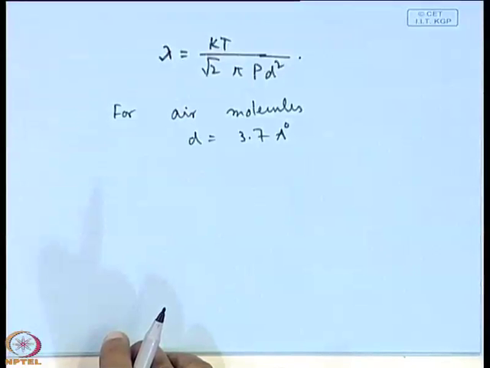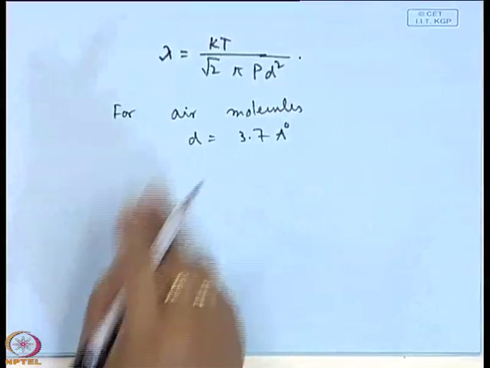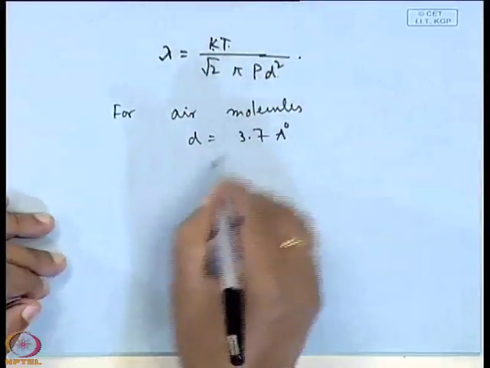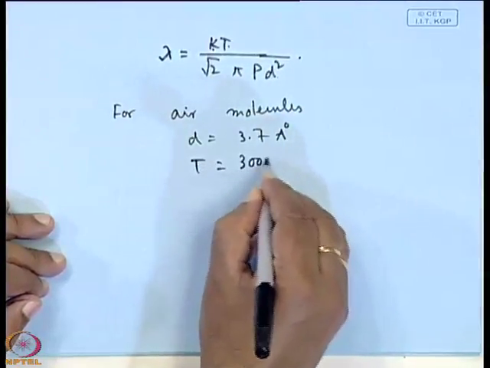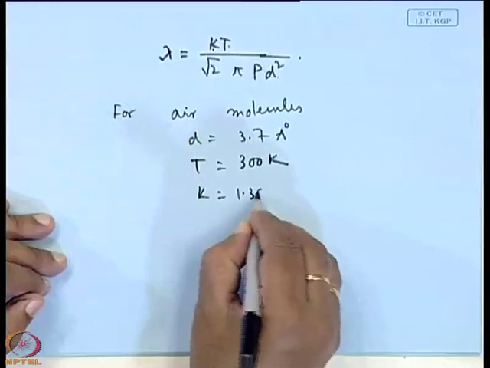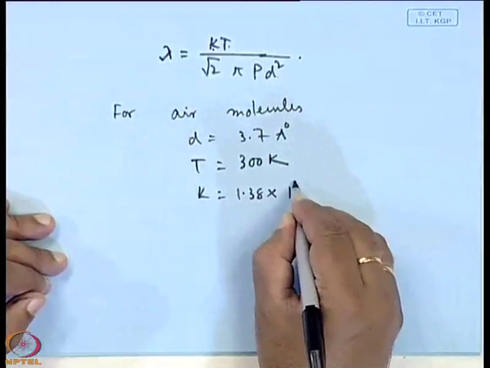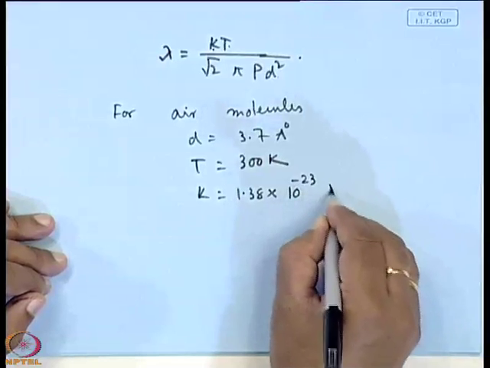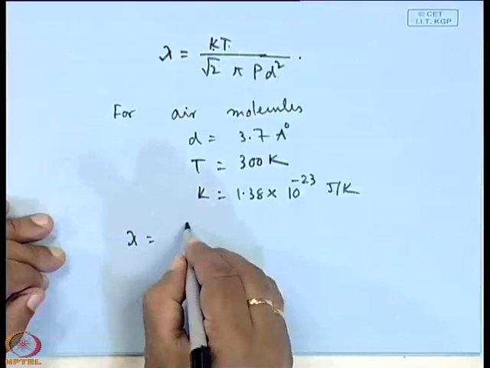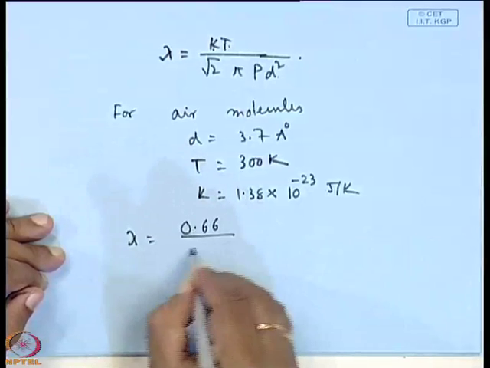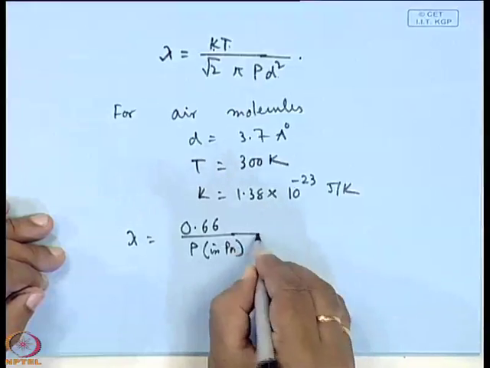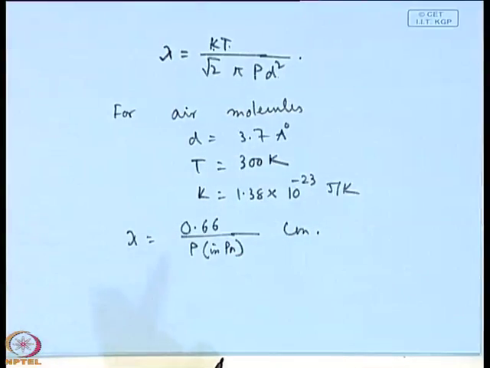Then what should be the value of lambda? If you put the values of k, t, d, t is 300 K, k is 1.38 into 10 to the power minus 23 joule per Kelvin, you will find that lambda equals 0.66 by p in Pascal, that much centimeter.